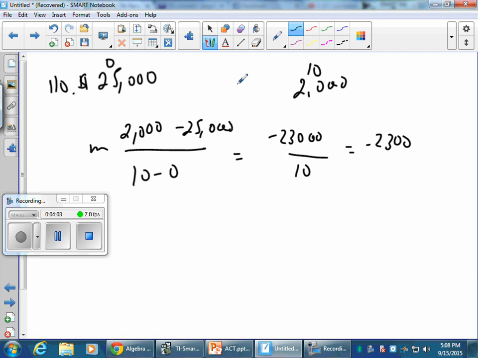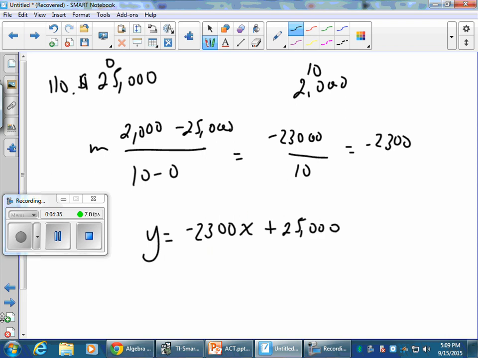You can write it out with the x and y if you want to. So the equation of the line would be y equals negative 2,300. That's how much the value of it's going down every year. So negative 2,300x plus my y-intercept, where I have x as 0. So plus $25,000. So that gives me the value of the copier each year. That's all I have to do, is write the equation of that line.